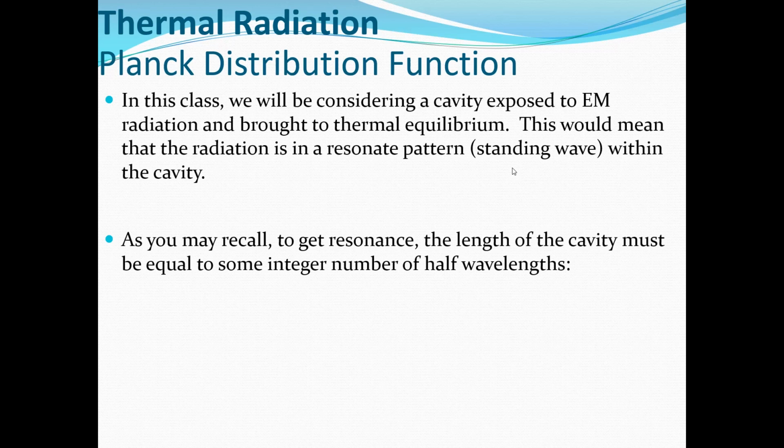In particular, it's always going to end up fitting half a wavelength or an integer number of half wavelengths. So we could fit half a wave, one wave, 1.5 waves, any sort of integer half wavelengths, just like this.